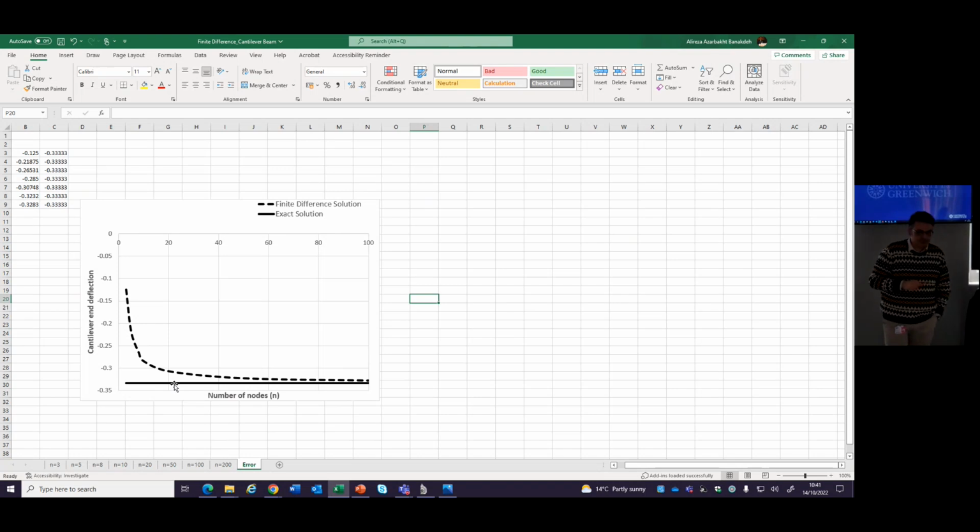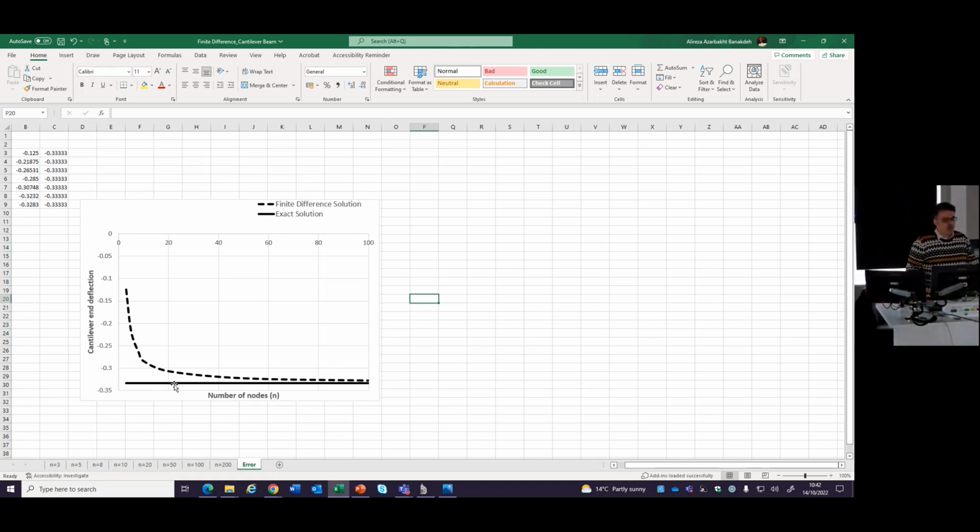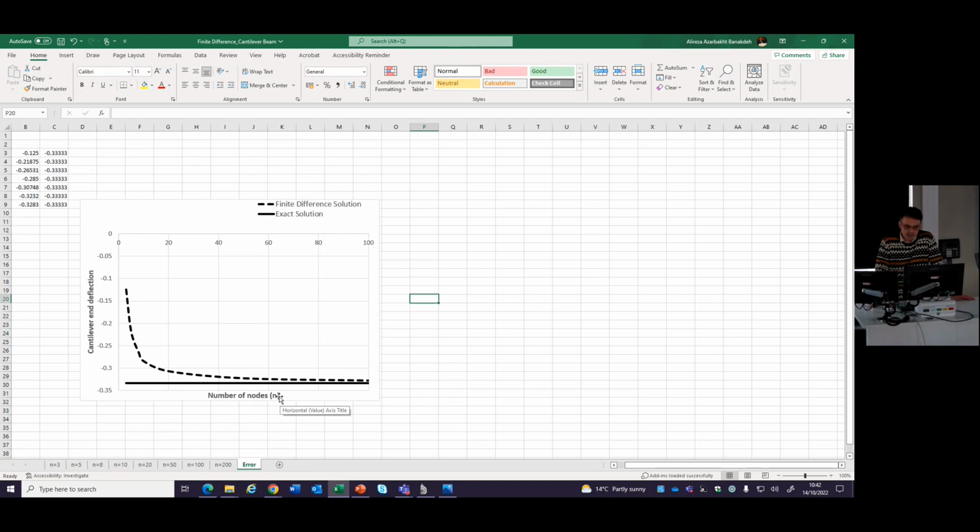And the dash curve is the same node deflection based on the finite difference solution. When n is 3, it is here. When it's 8, when it's 10, 20, it goes down. And you can justify for yourself which point should be enough as an approximation for your study.